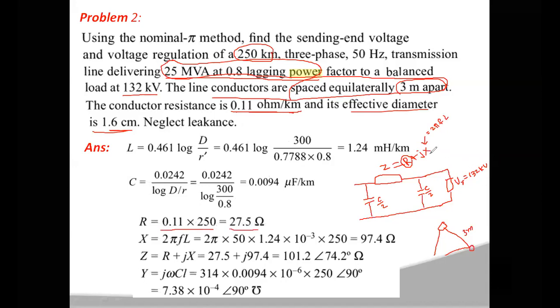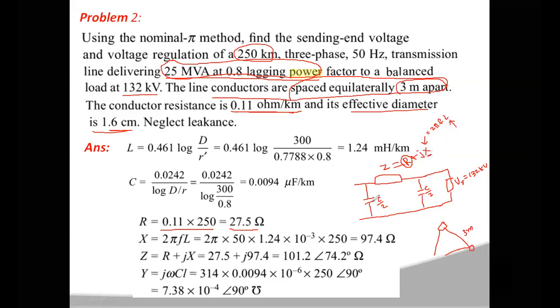But how do we calculate the reactance? The reactance value is not given in the problem. Reactance is equal to 2 pi f L, so when you calculate the L value, you can calculate the X value.